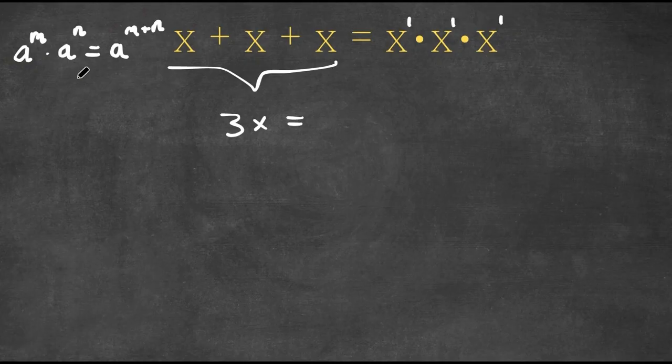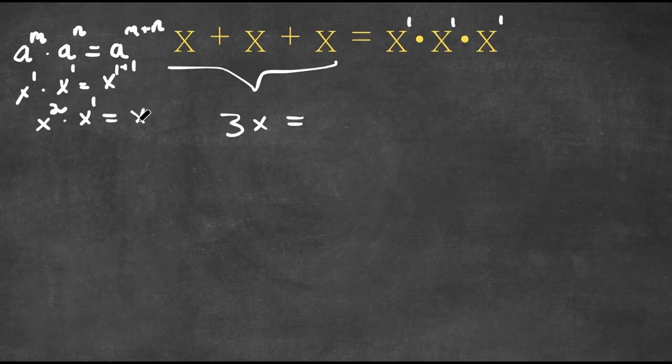So meaning x to the power of 1 times x to the power of 1 would equal x to the power of 1 plus 1, and 1 plus 1 is 2, so we have x squared. Now x squared times x to the power of 1 again, because we have to multiply with the other x, this would equal x to the power of 2 plus 1, which is x cubed. So we have 3x is equal to x cubed.